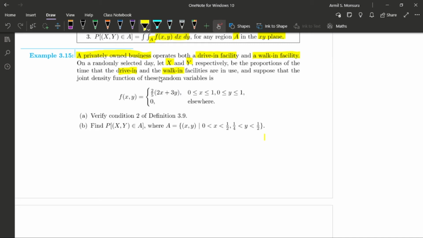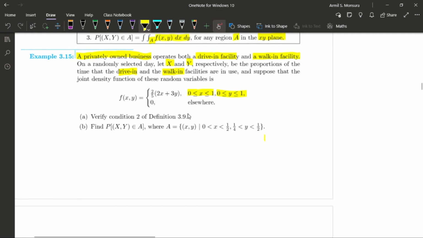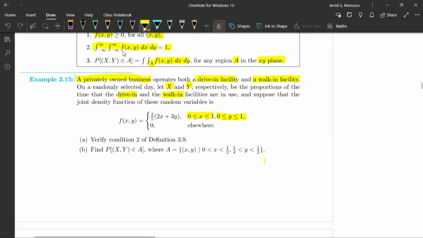So the joint density distribution is given here. You see that x would assume a value between 0 and 1, and also y would assume a value between 0 and 1, because this is a proportion. We are asked to do two things. Number one is to verify condition 2 of definition 3.9, that is, if the double integral of f of xy dx dy equals 1.